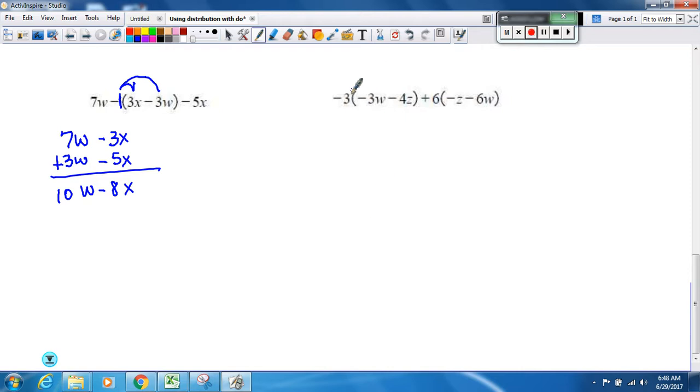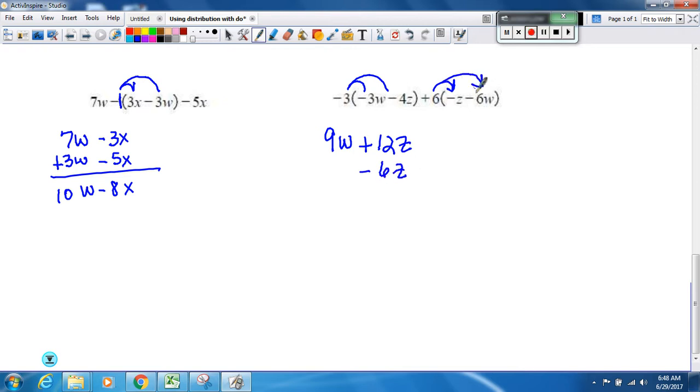This next one, negative 3 times negative 3 is 9, and there's a w there. Distribute, negative 3 times negative 4 is a positive 12, and that's a z. Go to the next parentheses. 6 times negative z is a negative 6z. You put that in your z's.